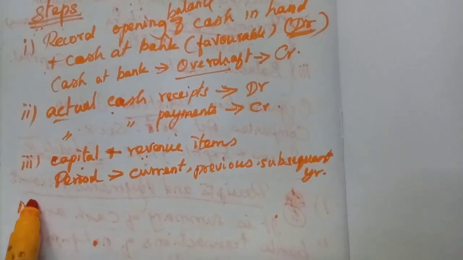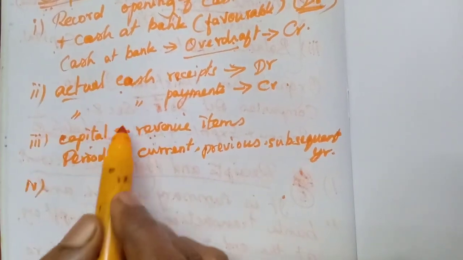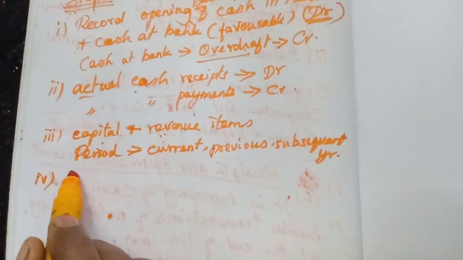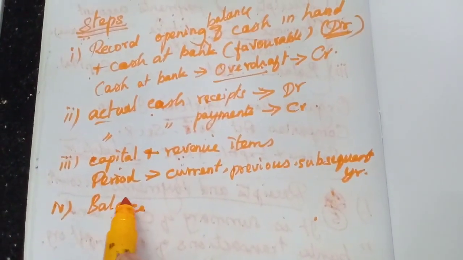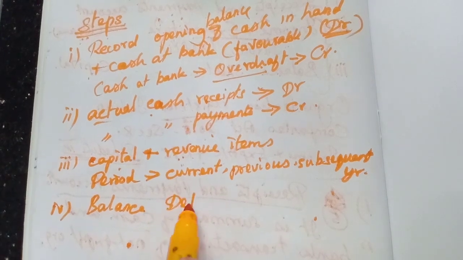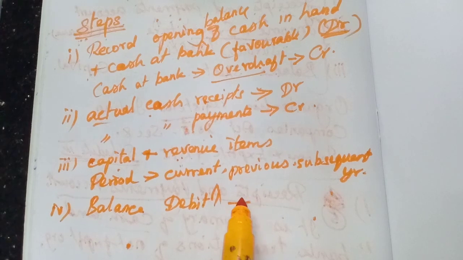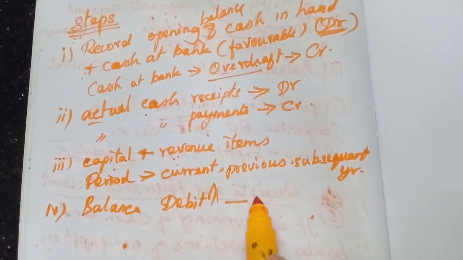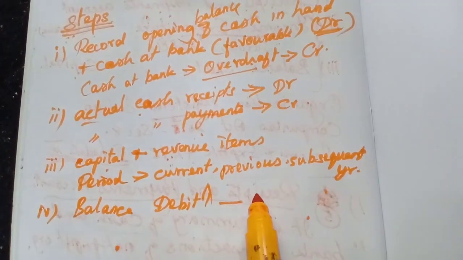Then now we will balance. Actually we are entering first one, this one, isn't it? Then we have to balance the receipts and payments account. If the debit side has the larger total, we will get a debit balance.